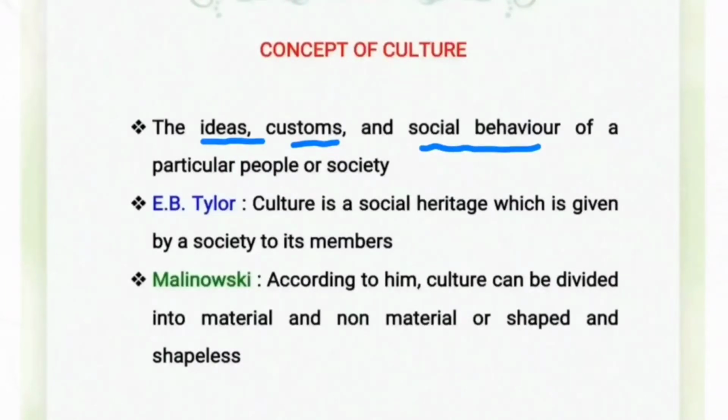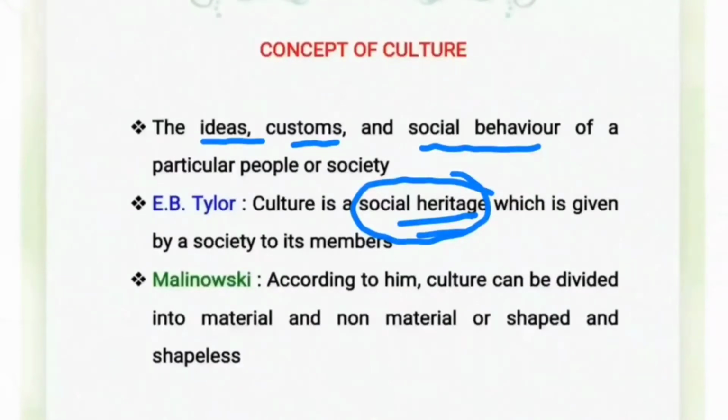Let's get started with the first, that is given by E.B. Tylor. E.B. Tylor is an anthropologist and he defined culture as a social heritage which is given by the society to its members. That means each member of the society is given this heritage and has to move it forward to generations after generations.